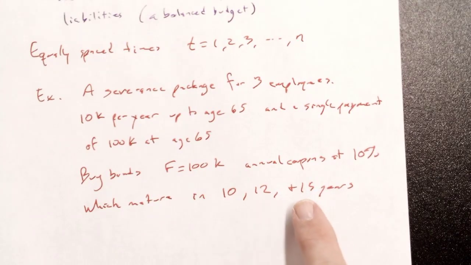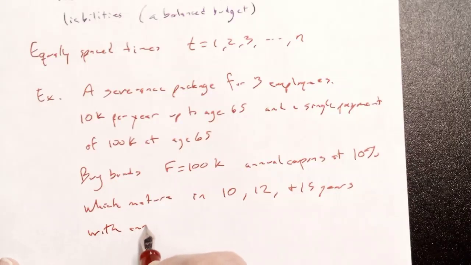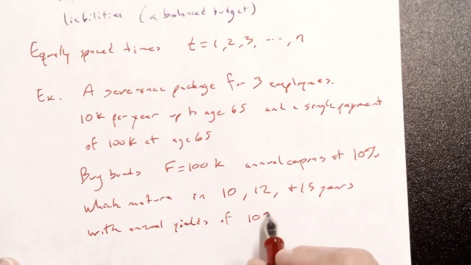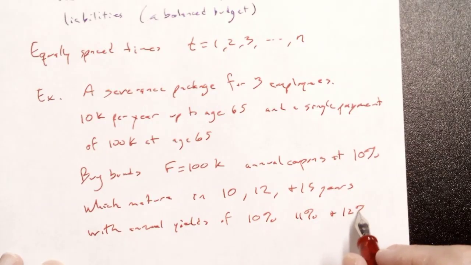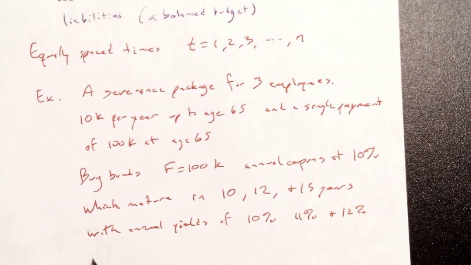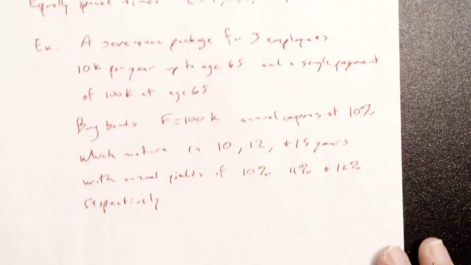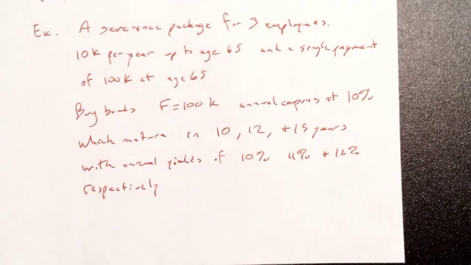And the one who's 50 will get her payment. But it turns out that because I have three different bonds with three different maturities, I end up with three different yields. Now the yield goes up the longer I have the bond, so the 15-year bond has the 12% yield.